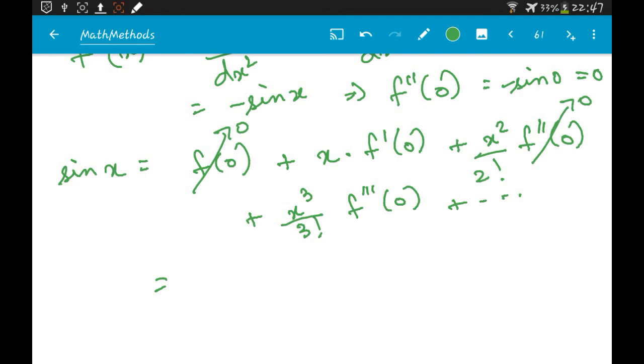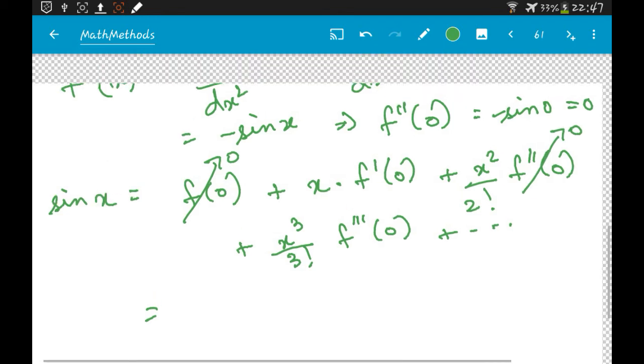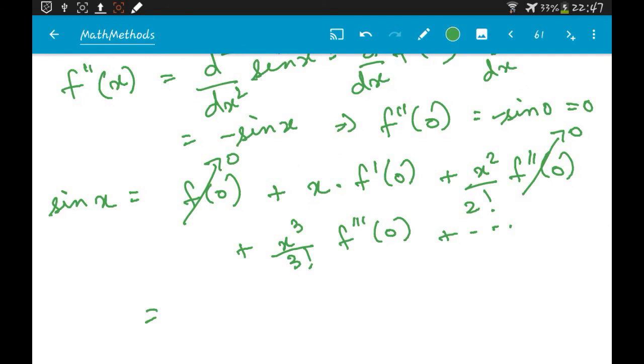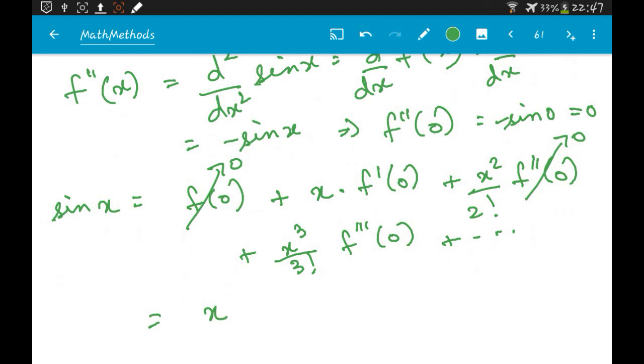So basically all the even terms are going to be 0, and all the odd terms will turn out to be 1 or minus 1. So you are going to get x. So f dash of 0, that was 1. So x minus x cube by 3 factorial plus x power 5 by 5 factorial minus so on. So this is your sine x.